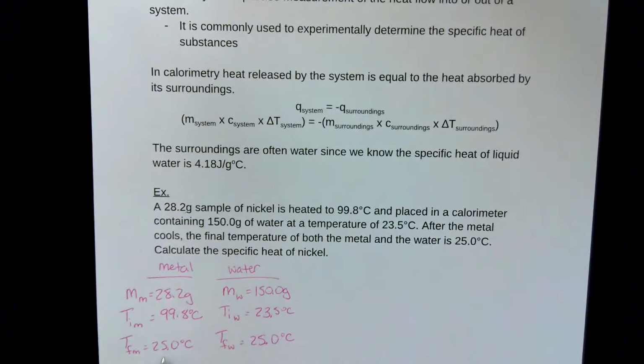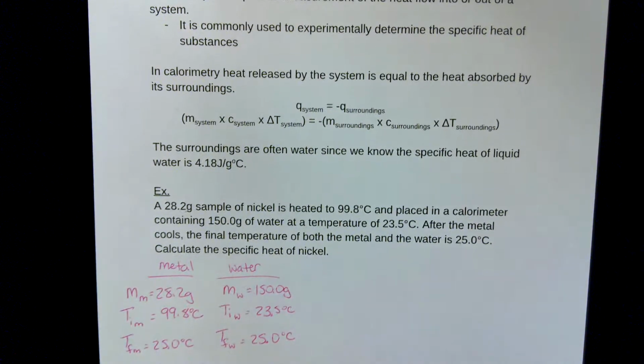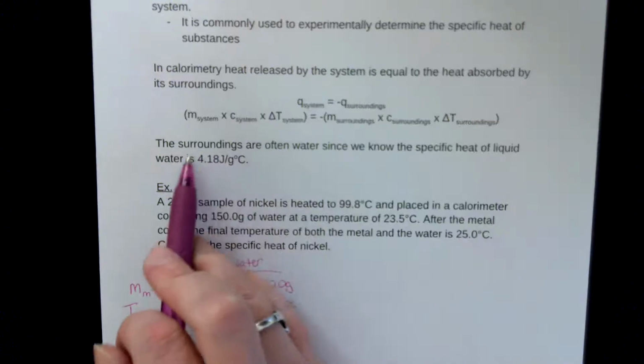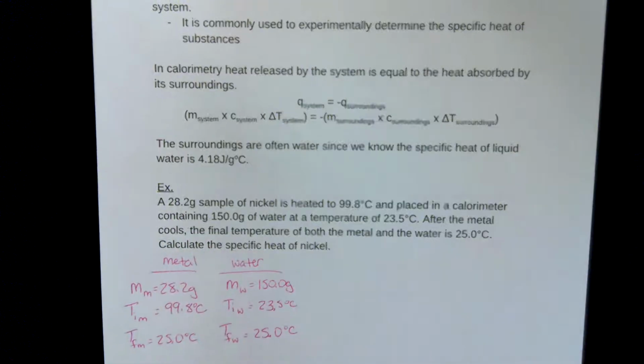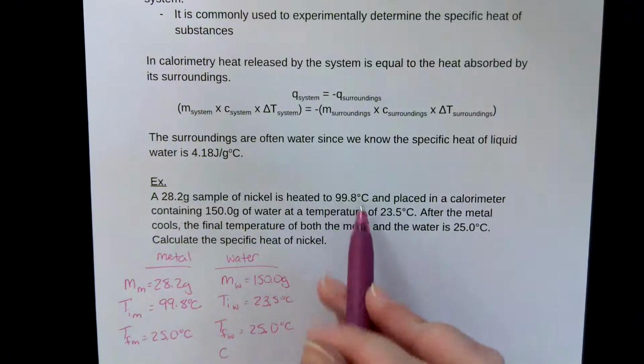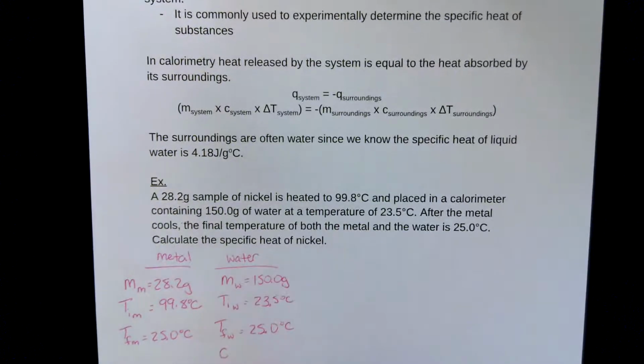So with calorimetry, you're always going to see this happen, that the final temperature is going to be the same for both things. Now, as always, I know that the specific heat of liquid water is 4.18 joules per gram degrees Celsius. So even though it doesn't explicitly tell me that here in the problem, that is something that I am always able to know.